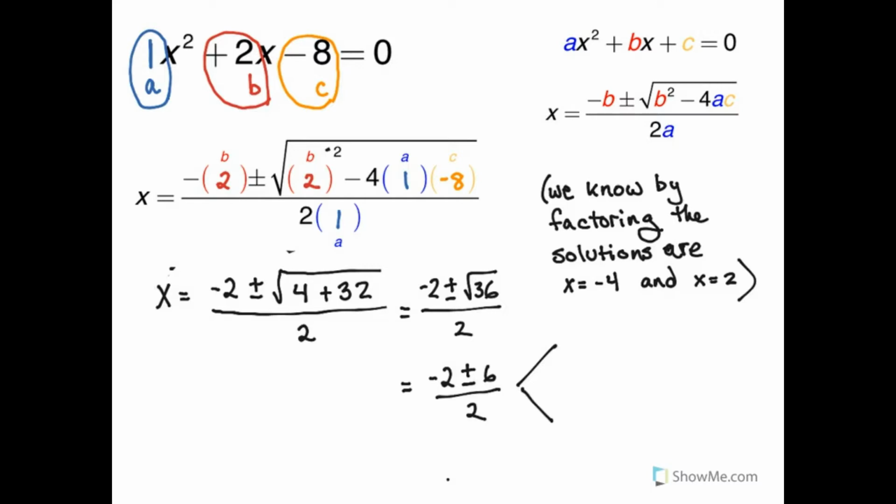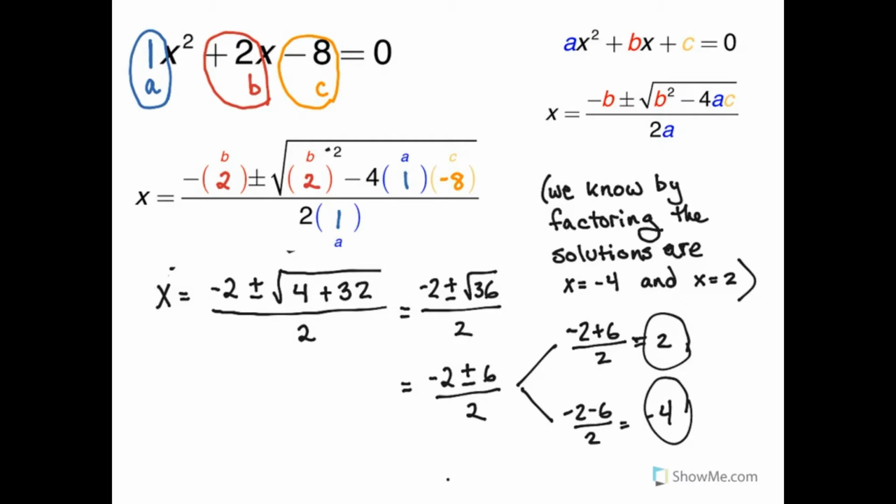Let's simplify each one. Negative 2 plus 6 is 4, and 4 divided by 2 is 2. Negative 2 minus 6 is negative 8, divided by 2 is negative 4. So those are the same two solutions we got by factoring.